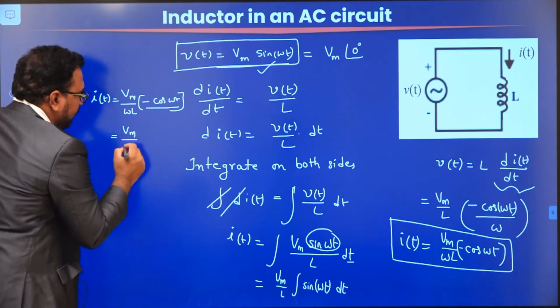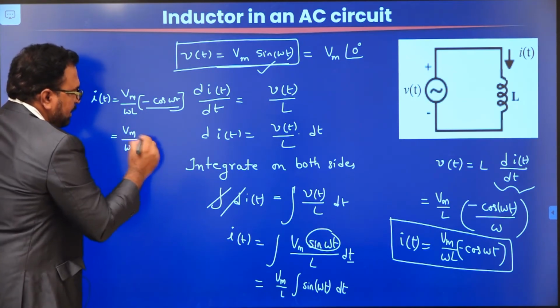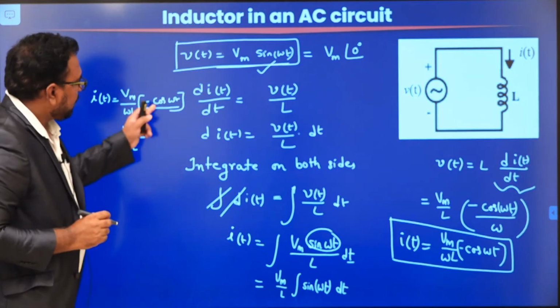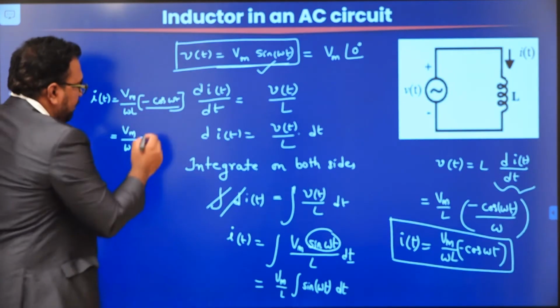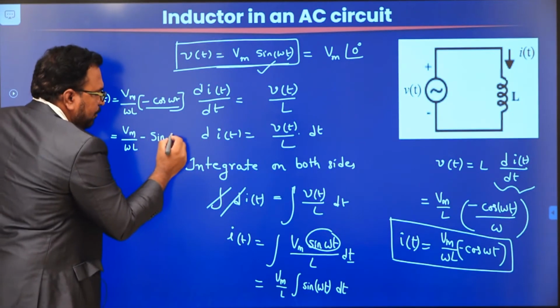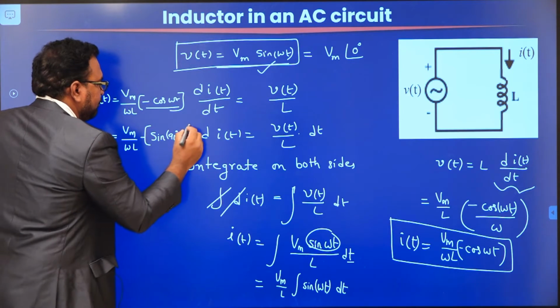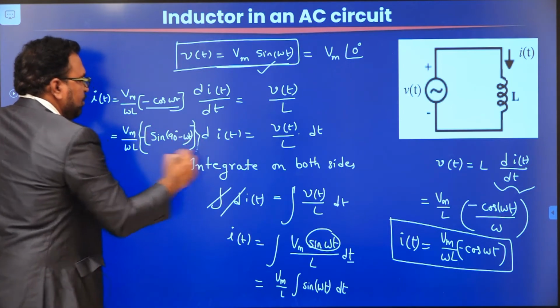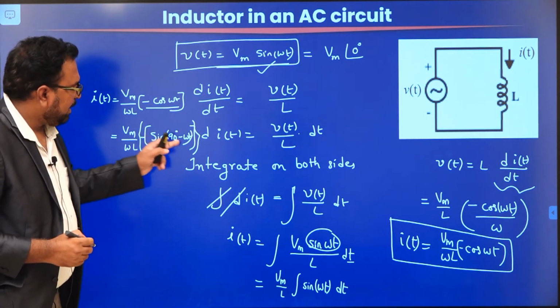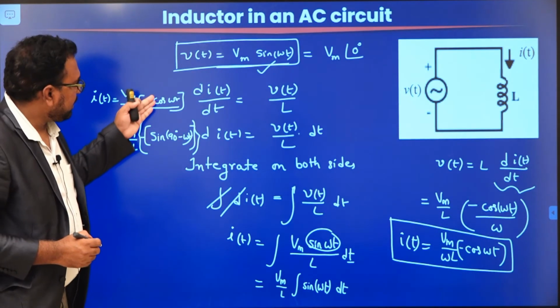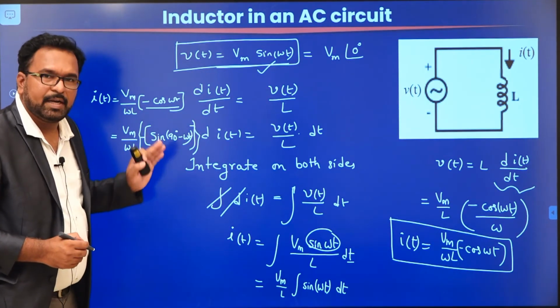It's very simple. Just keep the minus as it is. Cos theta can be represented using sin as sin of 90 minus theta. That's why I have represented cos omega t as sin of 90 minus omega t.